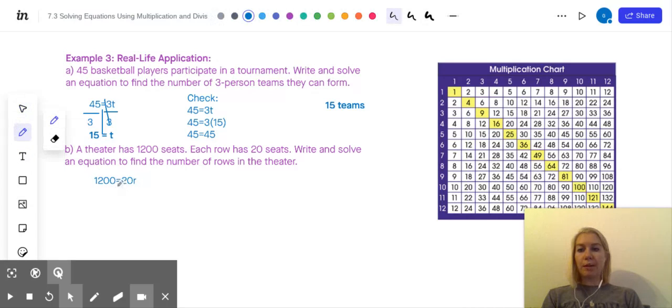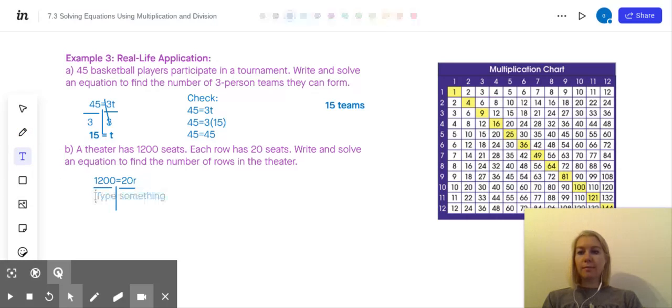Okay, let's draw a line down the middle so we can solve for r. 20 and r are being multiplied, so we need to divide both sides by 20. Okay, let's look at our left side.